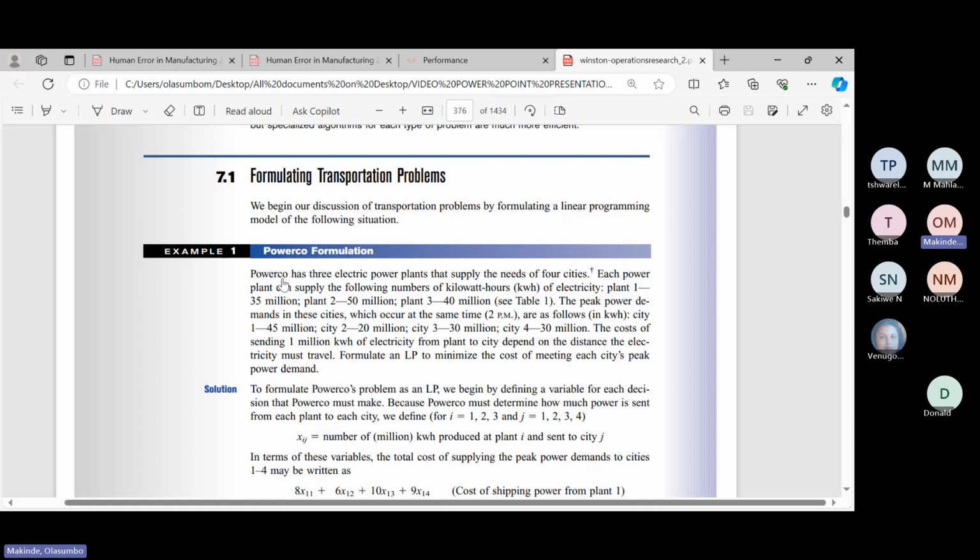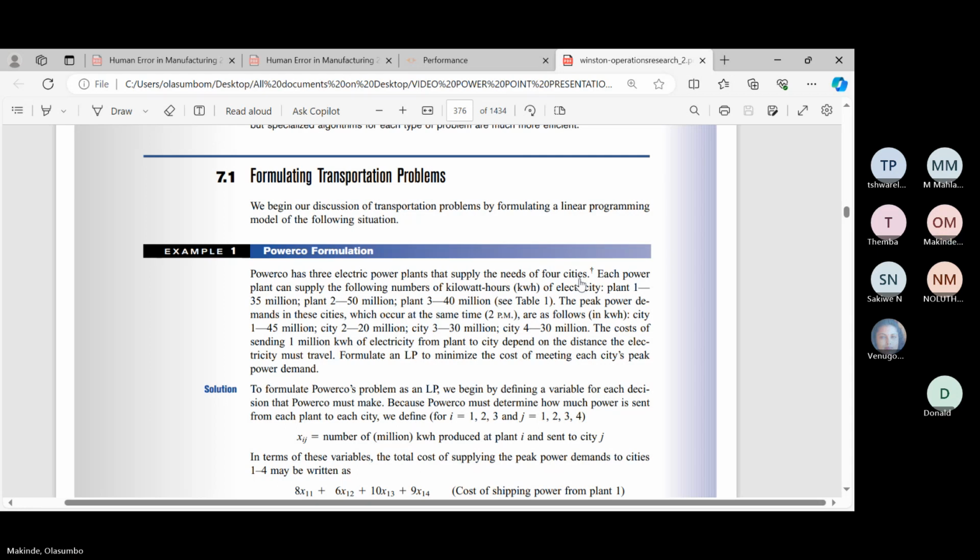So let's continue reading, since we know we are dealing with a power supply problem here. Powerco has 3 electric power plants that supply the needs of what? 4 cities. So in this case, these power plants are supplying the needs of maybe 4 cities within that particular area. And they said each power plant can supply the following number of kilowatt hours of electricity.